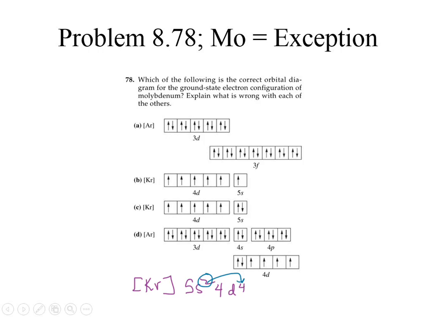And so actually the real deal is more like Kr 5s1 4d5, which actually is right there. Okay? So that's how that works.